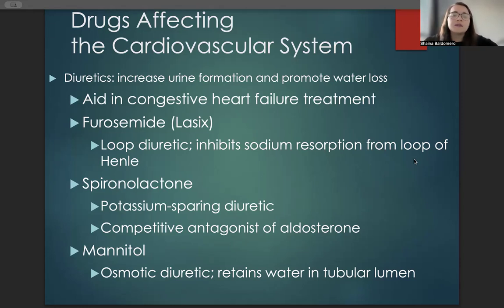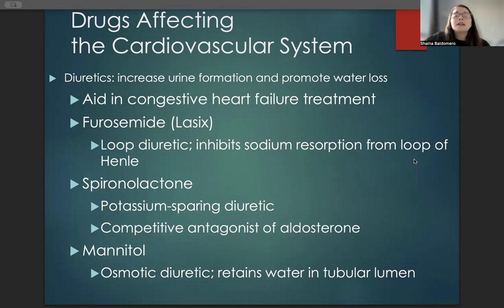Another diuretic is spironolactone. This is a great diuretic. I think it's favorable over furosemide. However, with a lot more doctors, furosemide is definitely the more picked medication, but I really like spironolactone for this reason only. It's a potassium sparing diuretic.